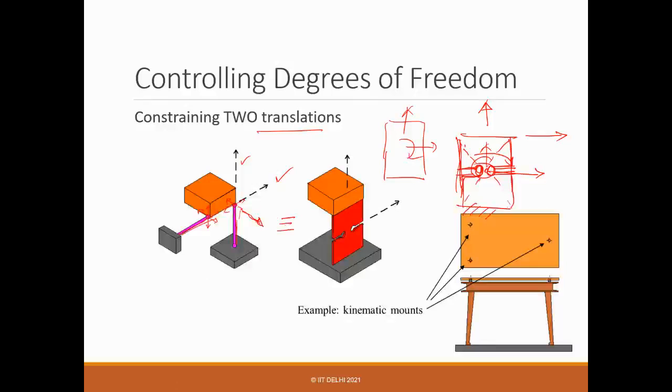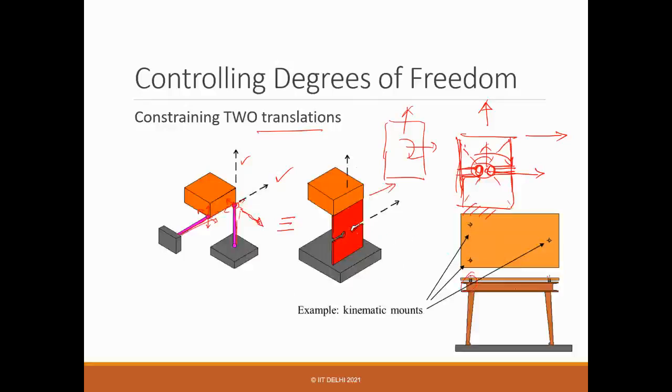The only thing you have to realize is that this is constraining the two translations at this point. If you take a frame somewhere else, the rotation or translation will turn into translation or rotation, vice versa, right? Because if you talk about this point, this will lead to rotation because it will rotate from this point. So you can get two translations just by using a leaf spring with hole hinges.